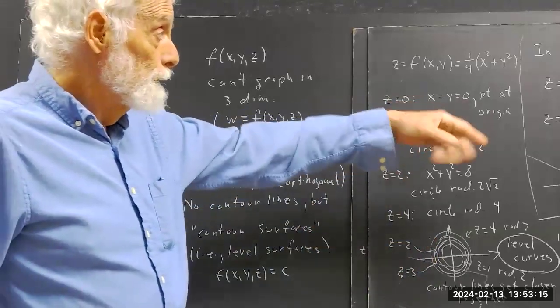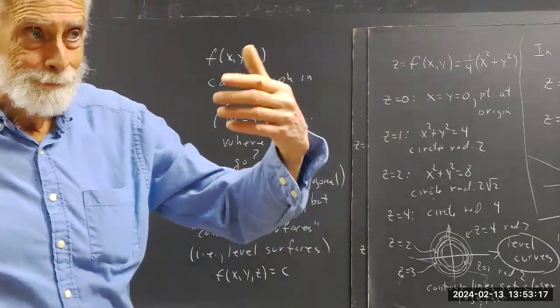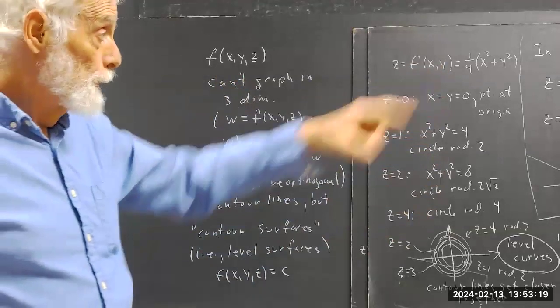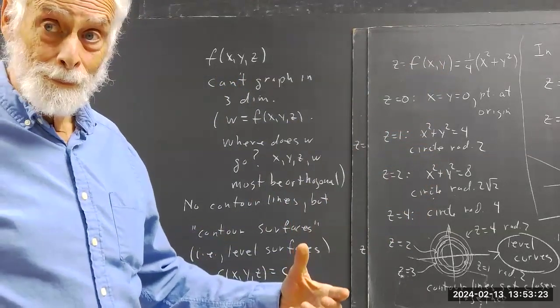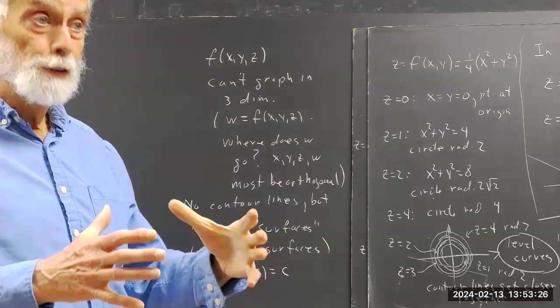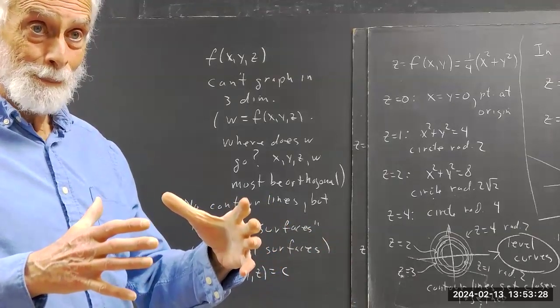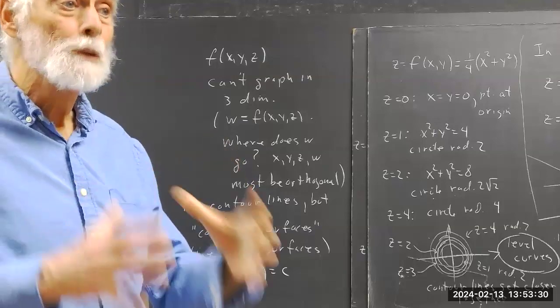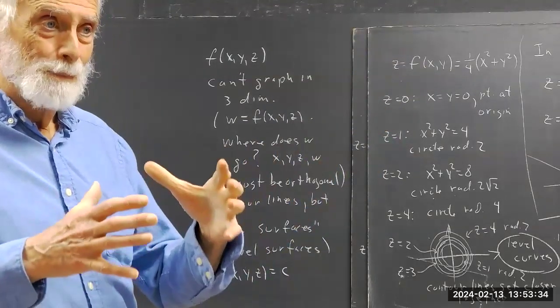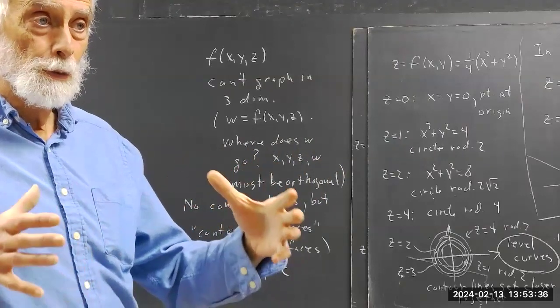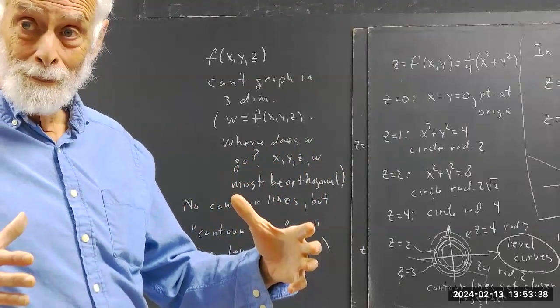Now that's analogous to what we did with one-fourth the square root of x squared plus y squared. If it's x squared plus y squared, then they don't increase as fast. Okay, you have radius square root of 1, square root of 2, square root of 3, square root of 4.